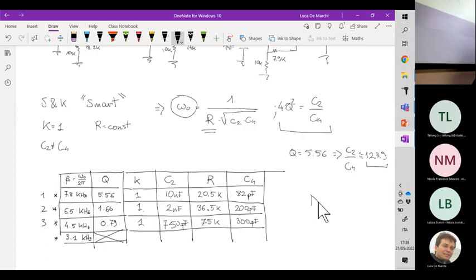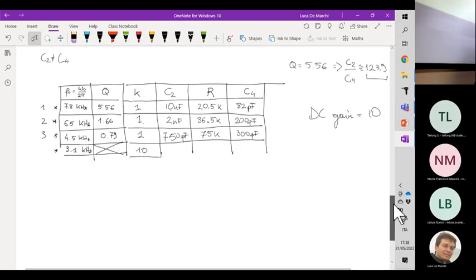The global DC gain of the circuit, once again, should be equal to 10. So if the gain of all the second order stages is set to 1, then the only way to achieve the desired gain is to exploit the first order stage. So you set the gain of the first order stage to be equal to 10.